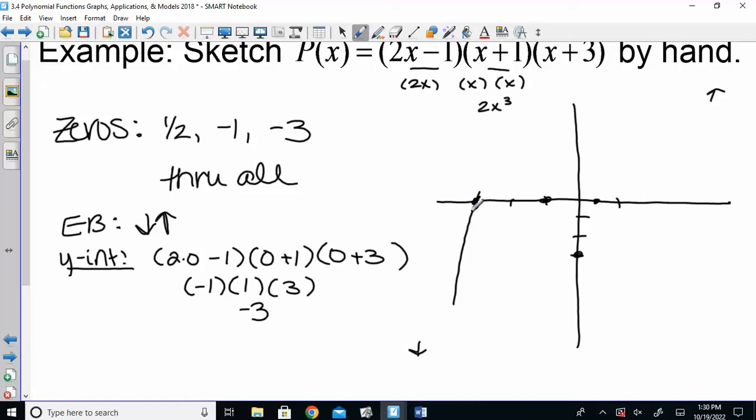We have to come back to hit this one. It was through again. We have to hit our y-intercept.